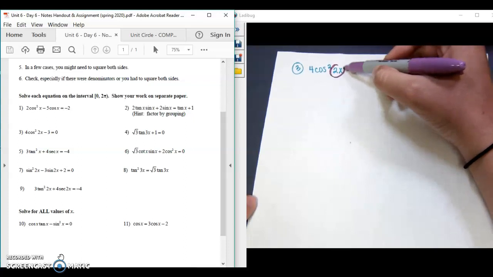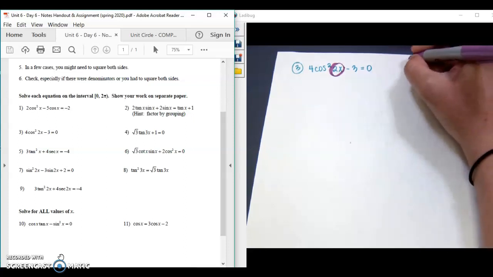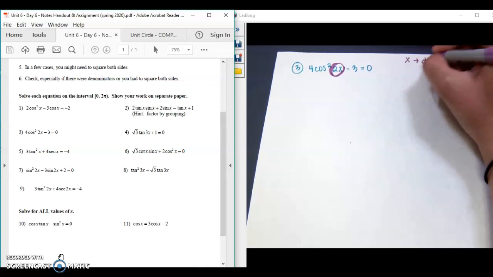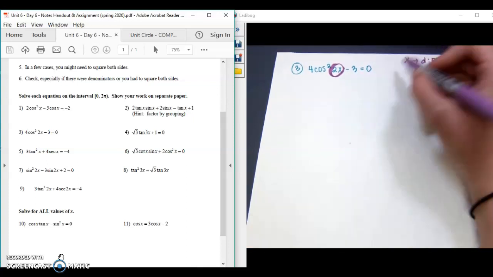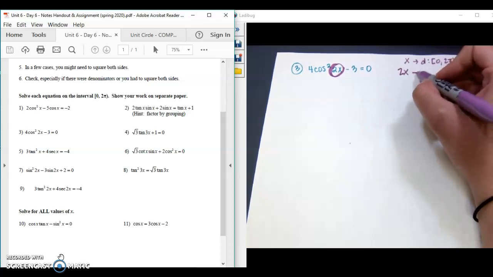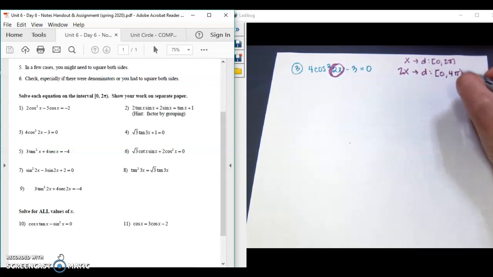But because we have this 2x and not just the normal x, we're going to have to fix the domain, okay? So for a normal problem with just an x, the domain would have been from 0 to 2 pi. That's what the problem tells us. But because we're doubling this and we have 2x, that means our domain is technically from 0 to 4 pi. Okay?